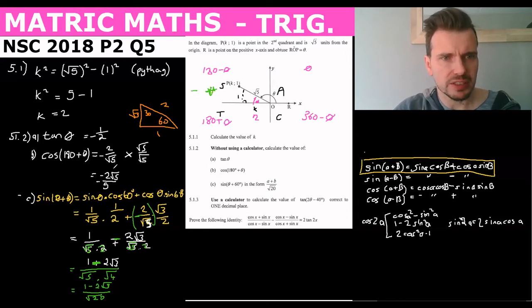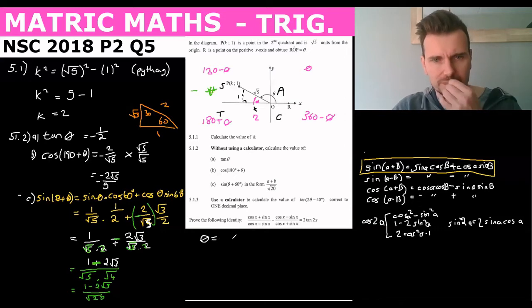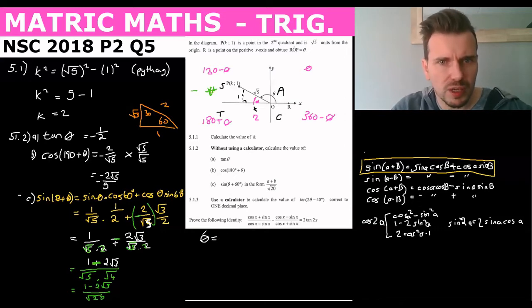So we know that tan theta equals minus a half, right? So we can just get the angle of theta. What's the easiest one to do? The sine was the easiest one to do, because that's positive.